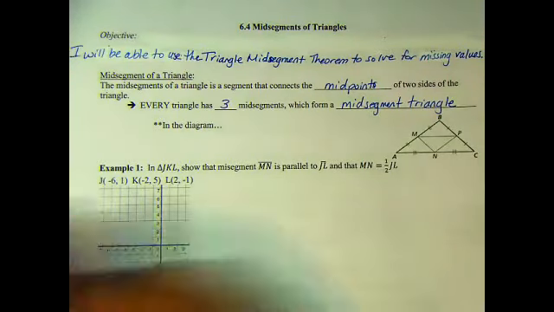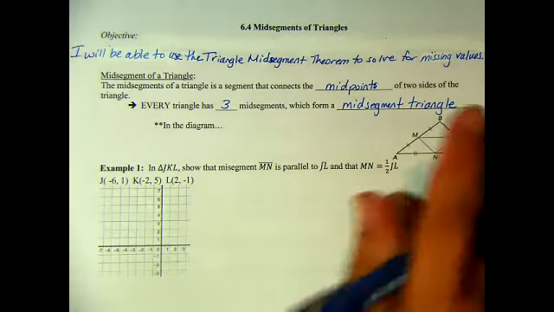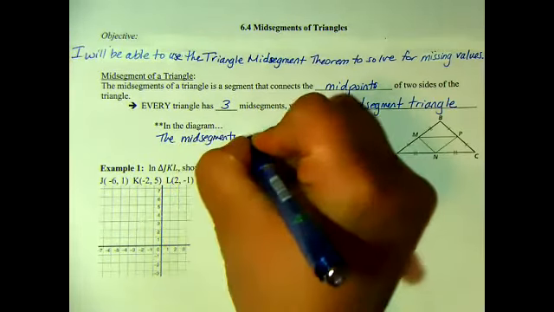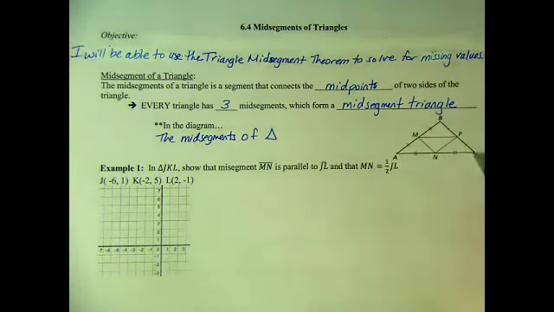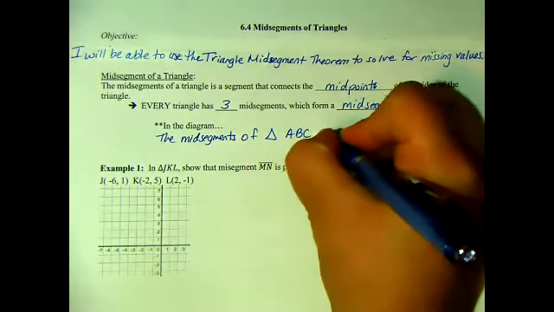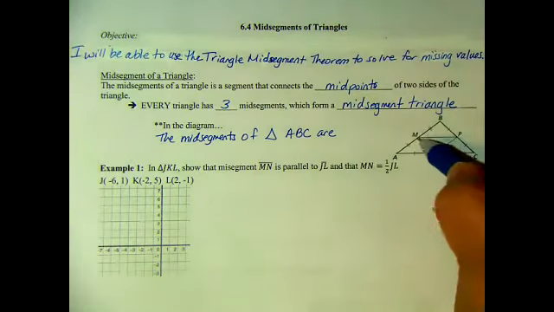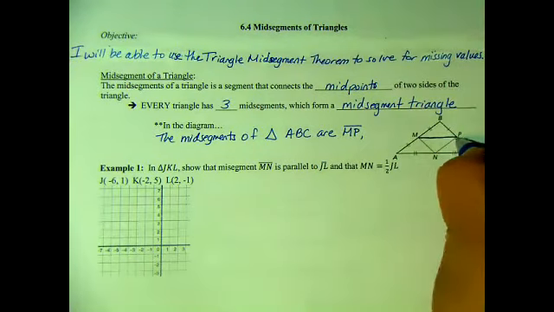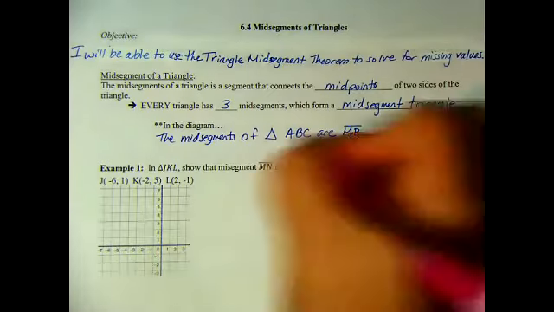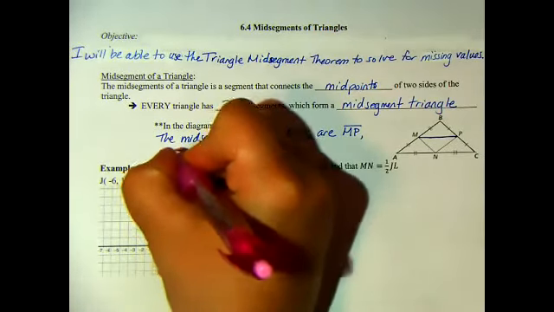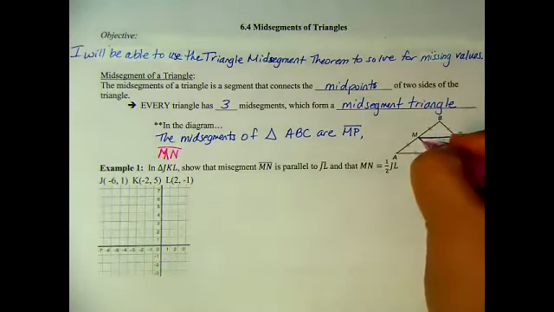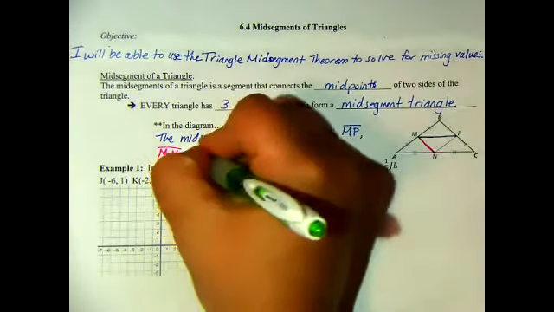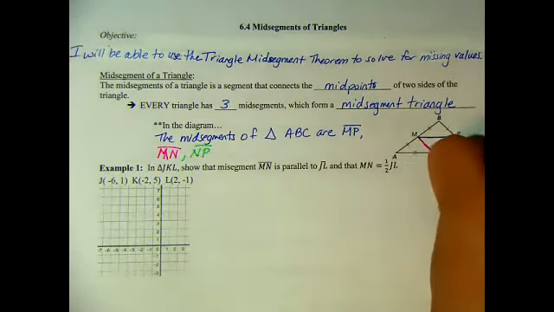In this diagram, the mid-segments of triangle ABC are segment MP, this guy, segment MN, this guy, and segment NP, which is that guy.